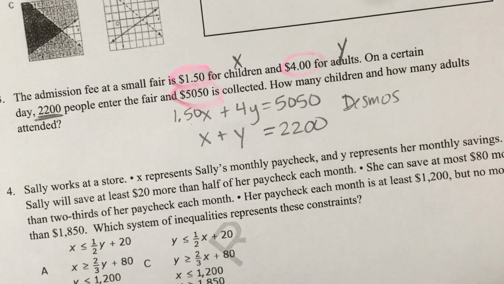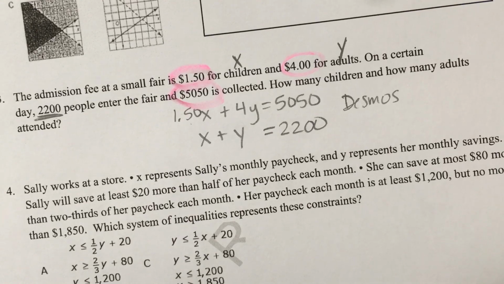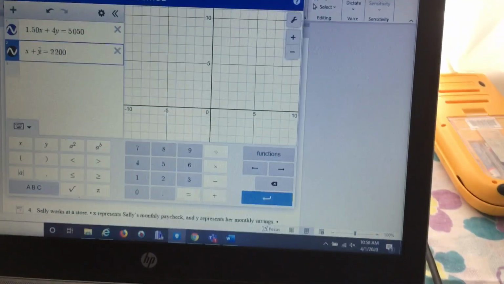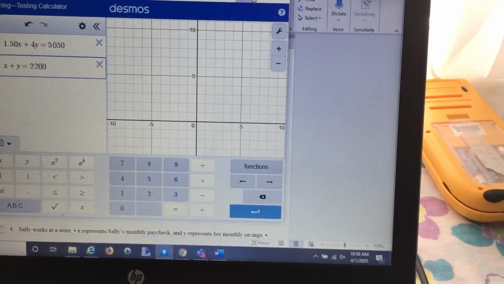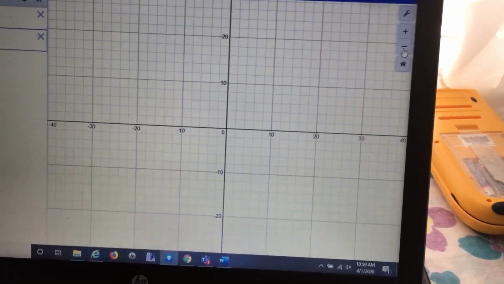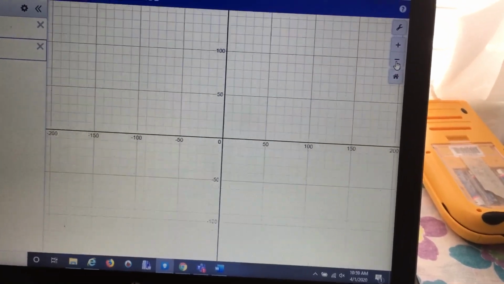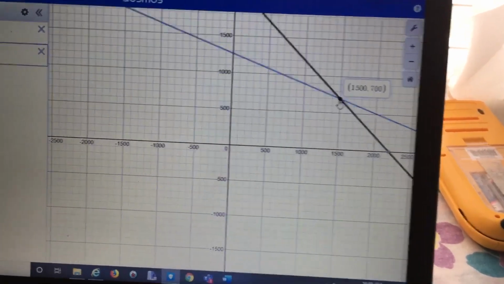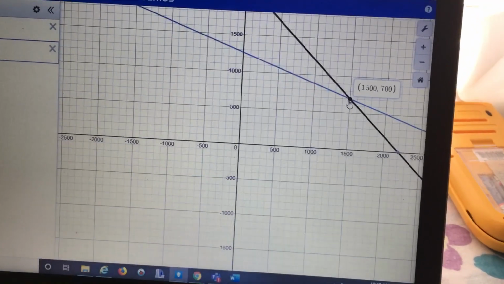Alright, $1.50x plus 4y equals 5,500, and x plus y equals 2,200. Okay, I have it in Desmos. I'm going to have to zoom. These had some big numbers. Alright, there they are. Let's click right here. So the answer is 1,500 and 700.